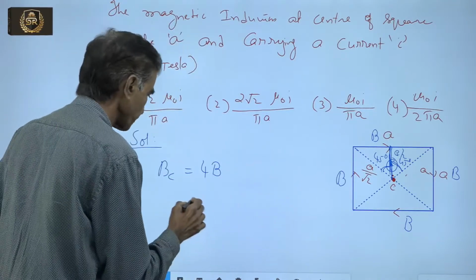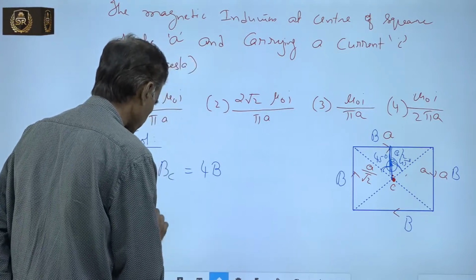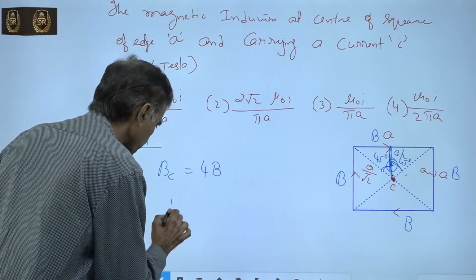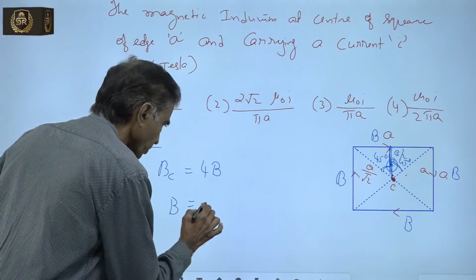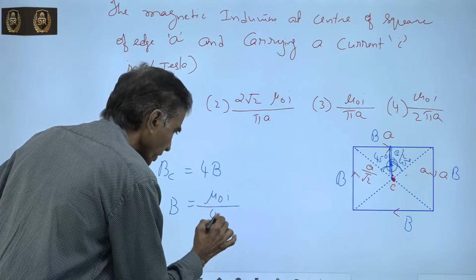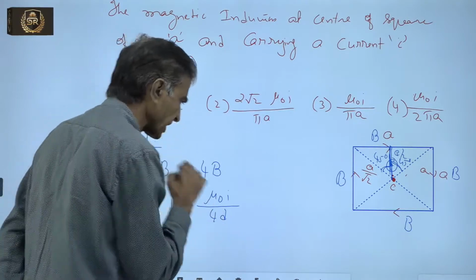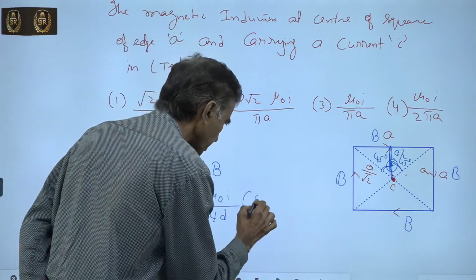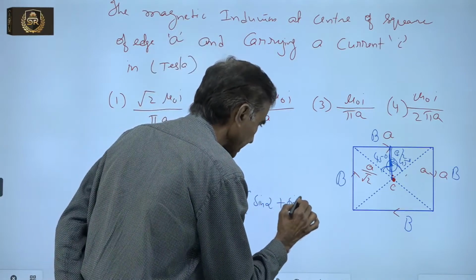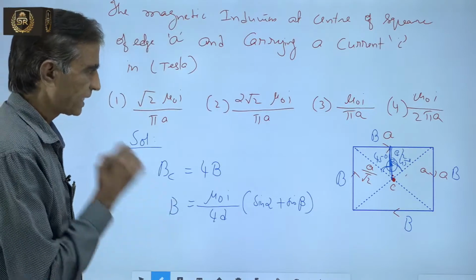4 times B. That is equal to how much? We already know the formula from Biot-Savart's law. From Biot-Savart's law, B is equal to mu naught I by 4 pi D into sin alpha plus sin beta.